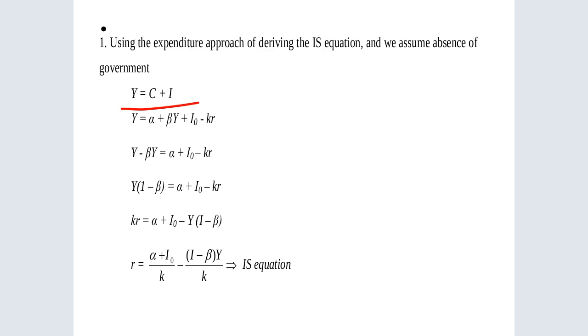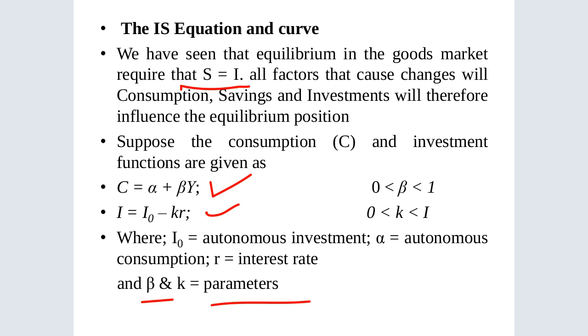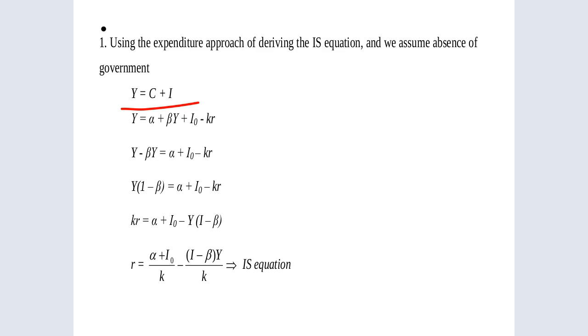Now, since we have our consumption function and our investment function, we can represent our income in this form: alpha plus beta y plus I naught minus kr.